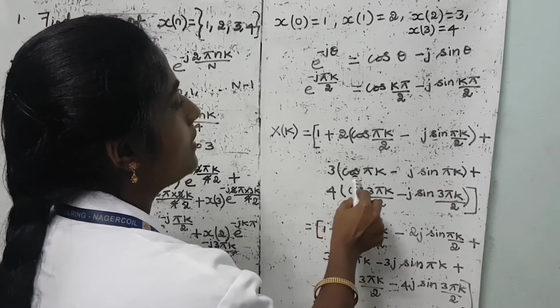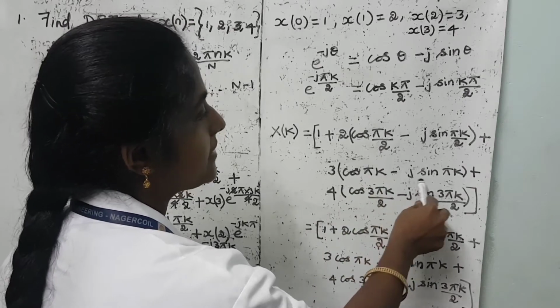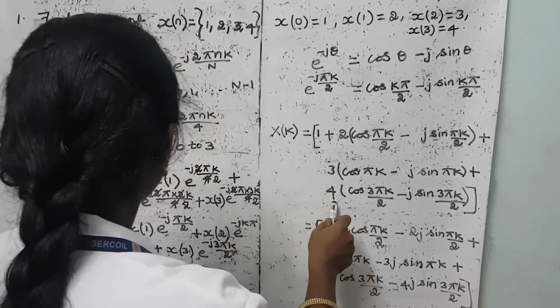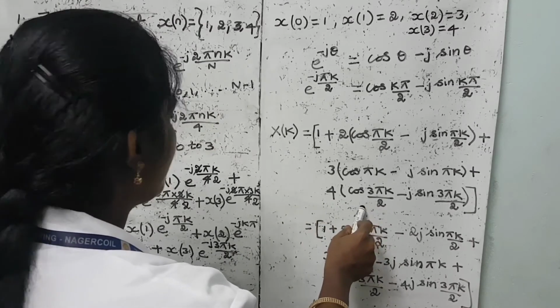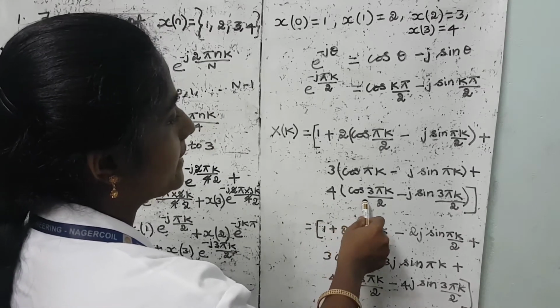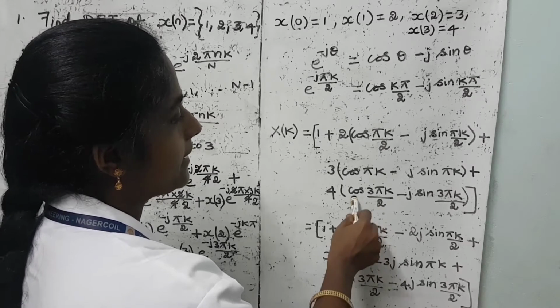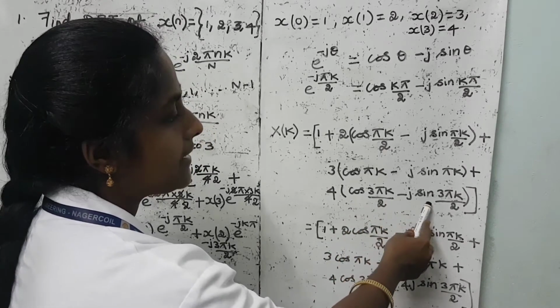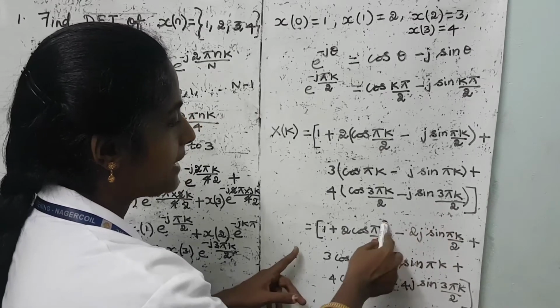So 3 into cos pi k minus j sin pi k plus x of 3. x of 3 is 4 and e power minus j 3 k pi by 2 can be written as cos 3 pi k divided by 2 minus j sin 3 pi k divided by 2.